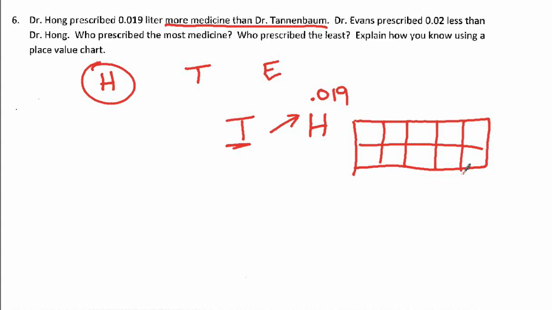With your double lines. What are the two numbers that we have that we're working with?